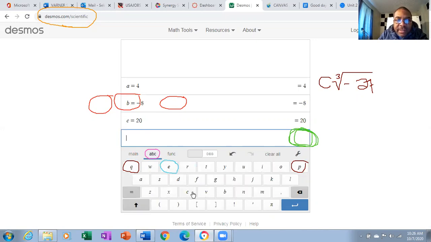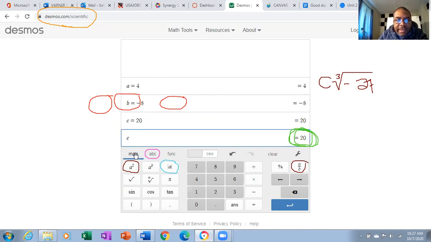So go to ABC, C, okay, go back to main. And now I can do this button, and this button is so important, because that allows you to do the radical sign and put whatever index you want.